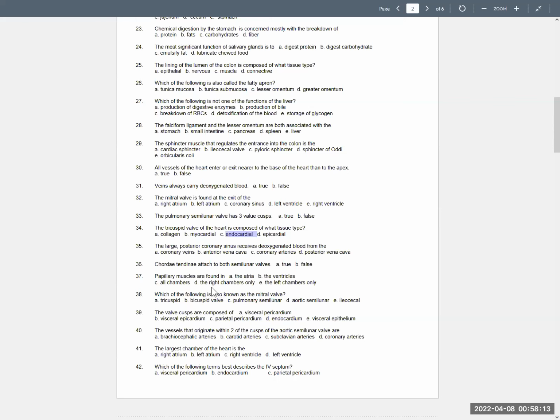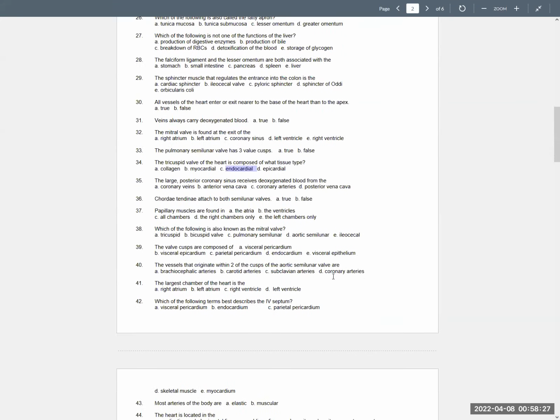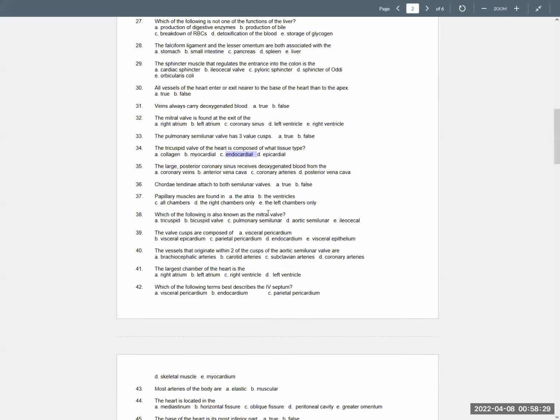Papillary muscles form the anchor for chordae tendineae, which run from the papillary muscle to the valve cusps, if that helps you. Did you leave this with a question mark or did you make it a stab at it? The ventricles. Absolutely. They're located in the ventricles.